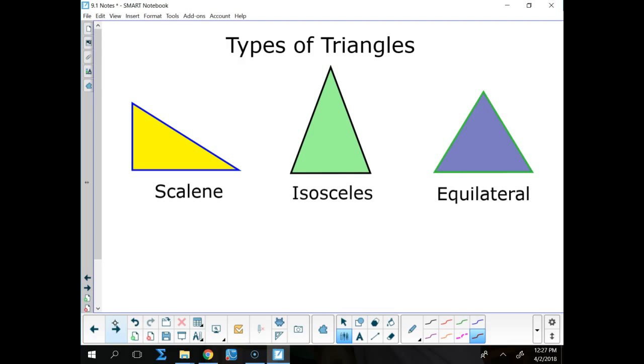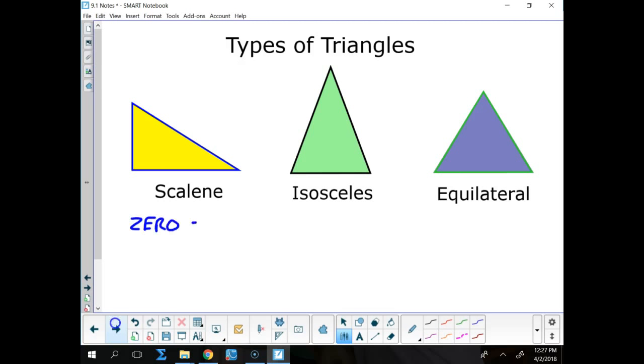Scalene triangle. What the heck is a scalene triangle? It's equal sides, not sides, so it's a right triangle. No, a scalene triangle is not a right triangle. It's a triangle where none of the sides are the same. 0 sides are equal.